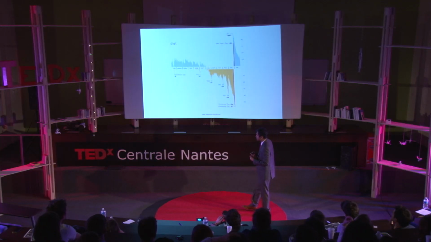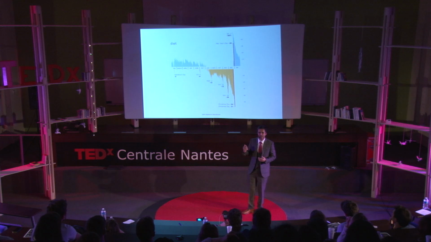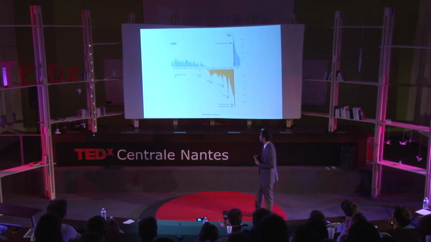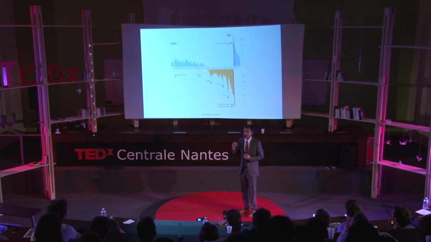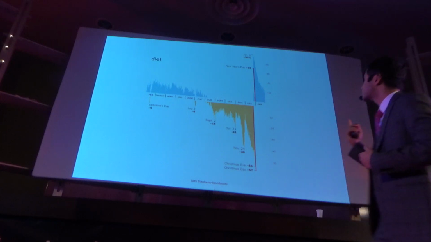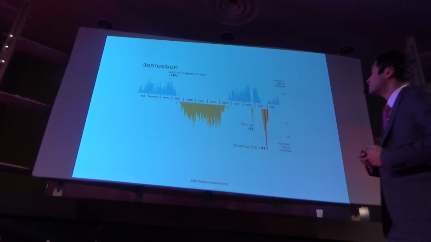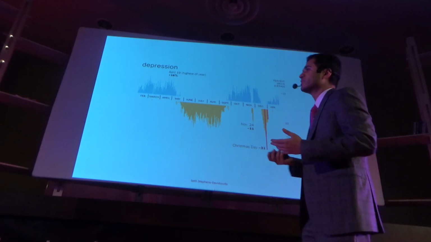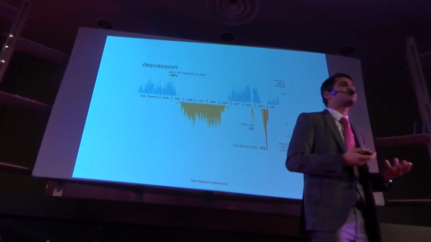Very interesting. Seth Stevens came up with this very nice visualization about diet in the United States. How does diet vary around the Thanksgiving holiday? It just spikes up, it's crazy. Depression. How does depression matter in the United States?